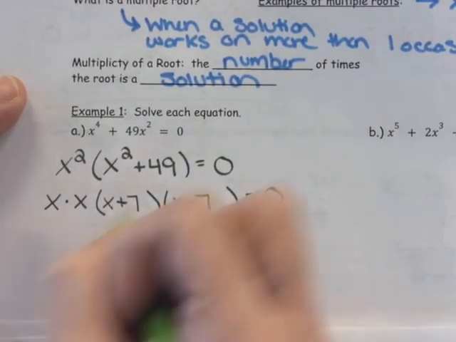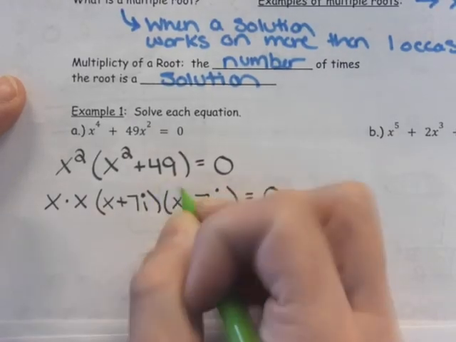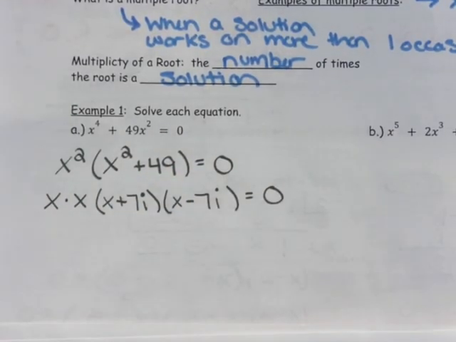I put in a 7. The only change is that we need this i, because the i helps us get a positive 49 back. So even though it's plus, we put minus and plus, because when you go to multiply it, it'll be negative 49i squared, and then the i squared will change it to a positive 49.